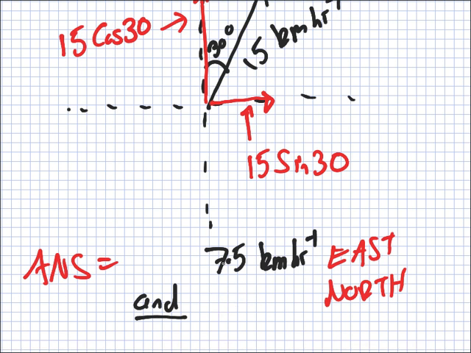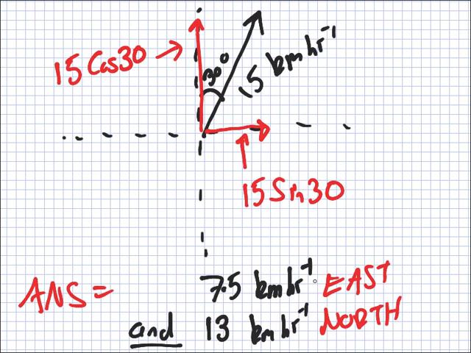What did you get? 12.9, so 13 really. 13 kilometers per hour north. Is that our example? That's all. Easy peasy, huh?